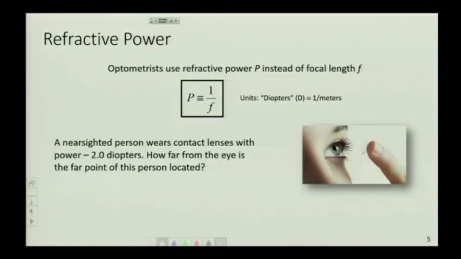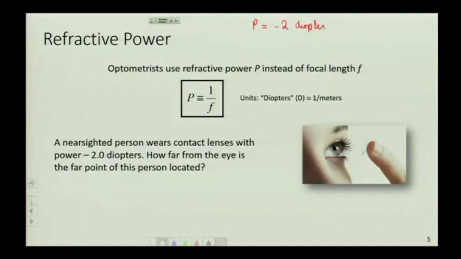So suppose I tell you that you have a nearsighted person who wears contact lenses with a power of -2 diopters. What is the far point of this person? So you want to say, okay, look at the equation I have on top. I say P is 1 over F. I know P, so I'm given P is equal to -2 diopters.